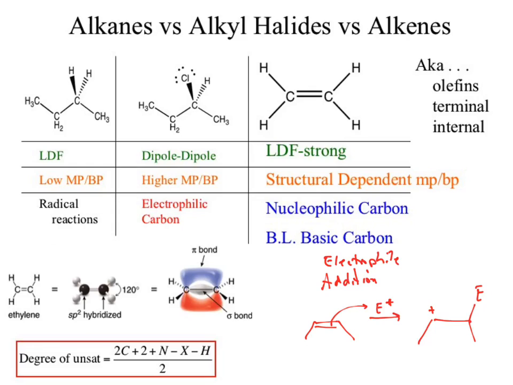Because it is a source of electrons, when we look at the alkene, we have a nucleophilic carbon because it can donate electrons. What could it donate electrons to? An electrophile, in which case it's a nucleophilic carbon. What else could it donate electrons to? An acid, in which case it's a base.